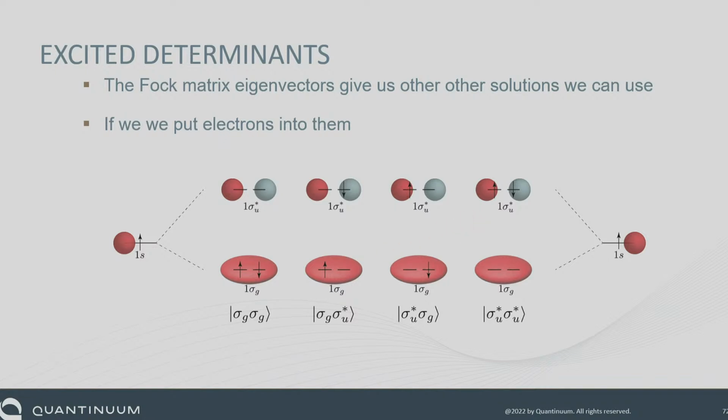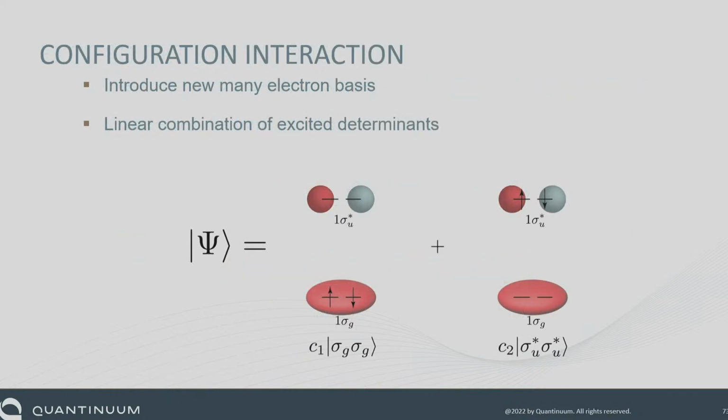We introduce these extra determinants. It seems a bit arbitrary why we're doing this, but when you combine the totally bonding and antibonding ones in a linear combination, this is very important. We've gone from the single electron picture to the many-electron basis. This is now a wave function of 2 electrons. So we're out of the single electron picture now.